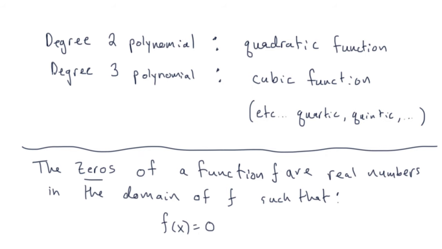And now these real numbers that we're just calling x, so the real numbers x in the domain of f such that f of x is 0, are actually what are called the zeros. So the numbers x that you plug into the function to get 0 are called the zeros of the function. It's a little confusing, but you'll get the hang of it.